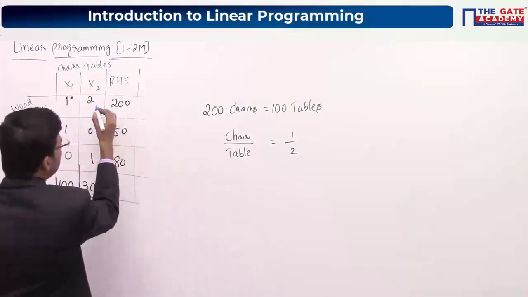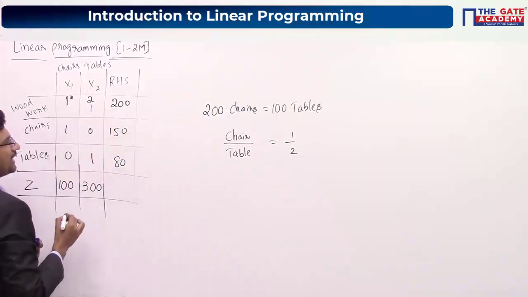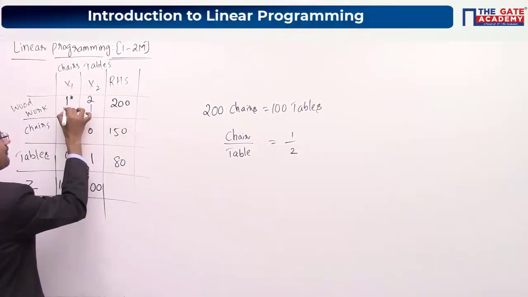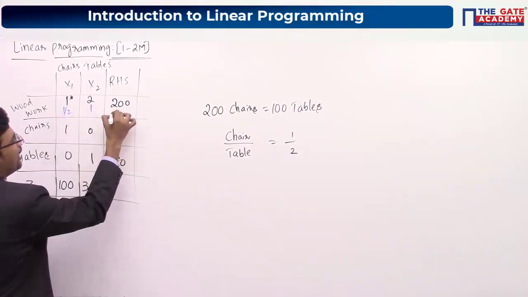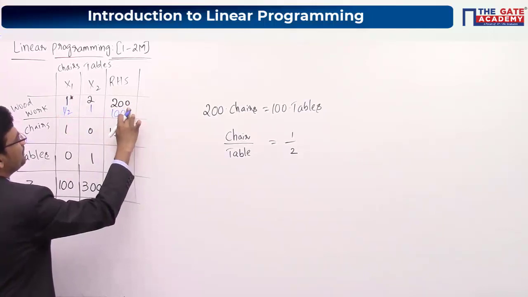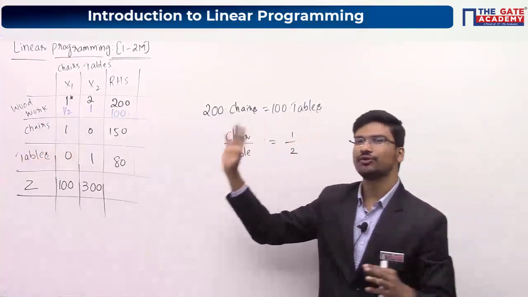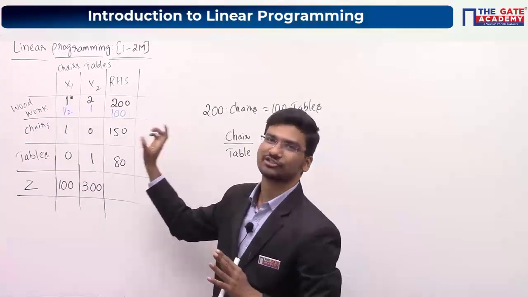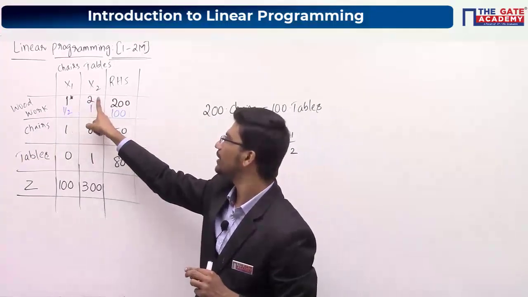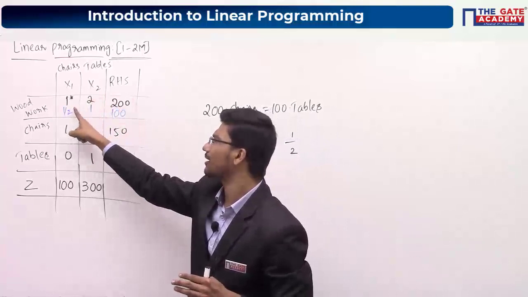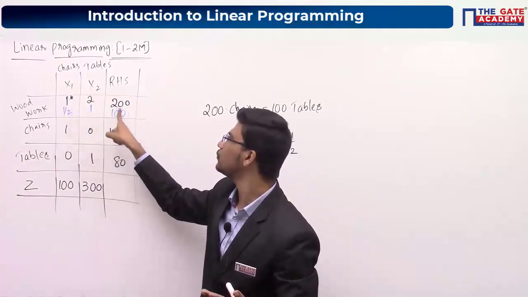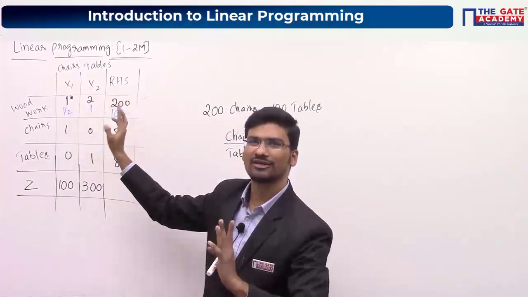If I am taking 1 hour to manufacture a chair, I will be taking half an hour to manufacture a table, and the total number of hours available with me will be 100. Both of these will give you the same constraint. So x1 plus 2x2 less than or equal to 200, or half x1 plus x2 less than or equal to 100. Both of them are the same.